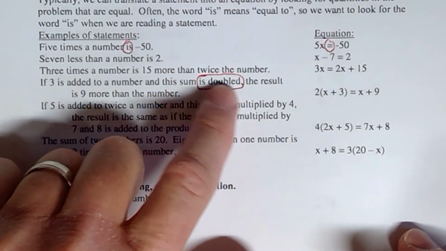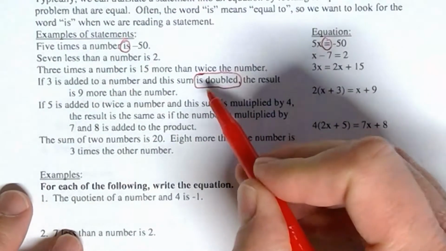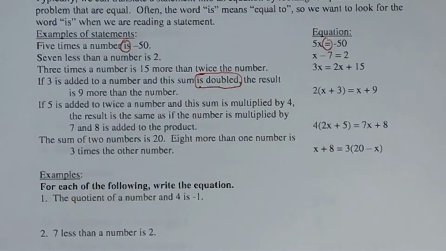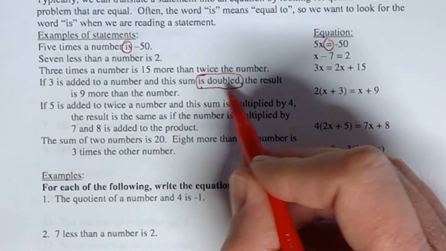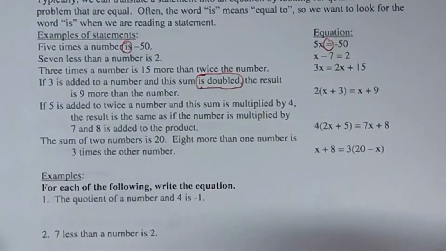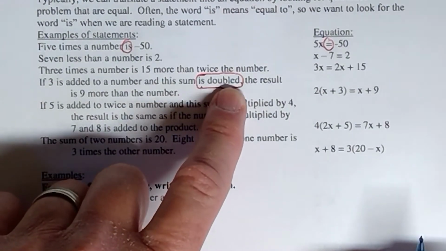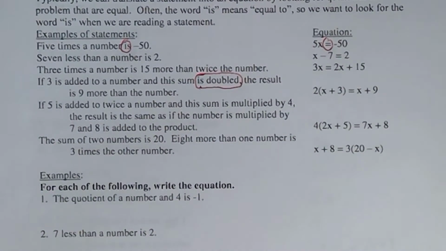The word is is part of an action right there. It's the action of doubling the sum. If they say is followed by an action word, that usually means that the word is not referring to equal. It's just part of the action. So if they say is doubled, that doesn't mean equal doubled. The word is doesn't mean equal in that case. But if the word is is not followed by an action, then usually the word is will mean equal.